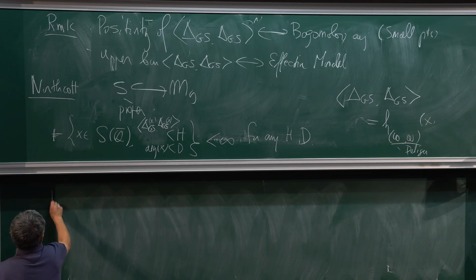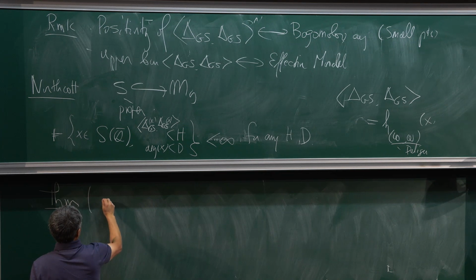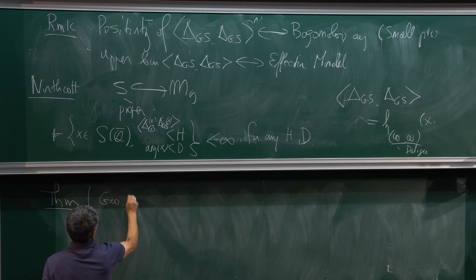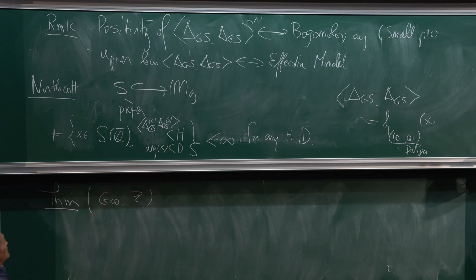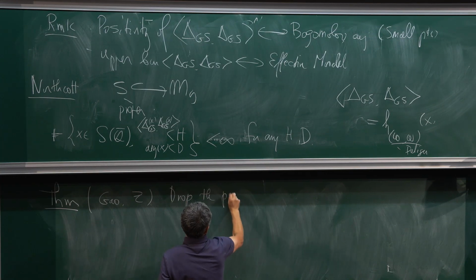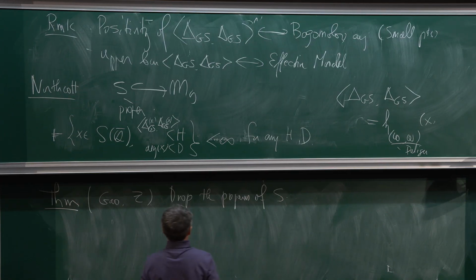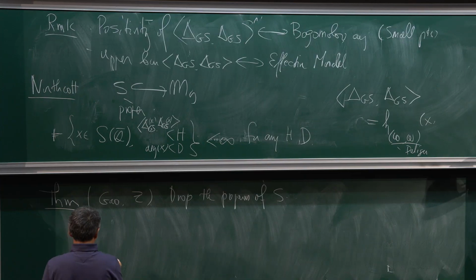So the theorem we proved last year with Zhang and Gao is that we drop this condition, the properness of S. So how do I drop it? If you drop it, it would not be true. So they proved it the following way.